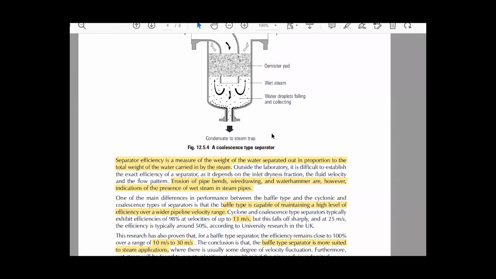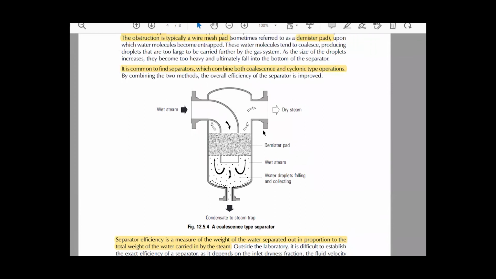So the last type of separator is the Holocene type separator. The wet steam comes from these ports and moves away to this port. It has a wire mesh in this way, a very, very fine mesh.